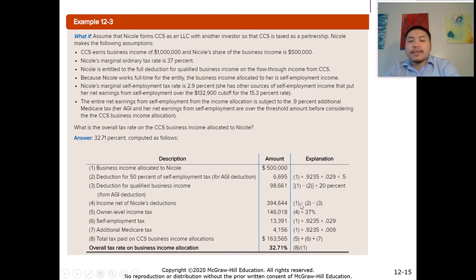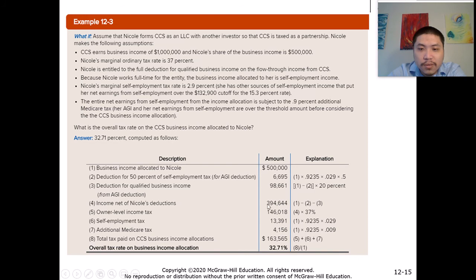Now we're going to use this to calculate the ordinary income tax liabilities for Nicole. So we take this net after deduction amount, which is pretty much what we call taxable income.